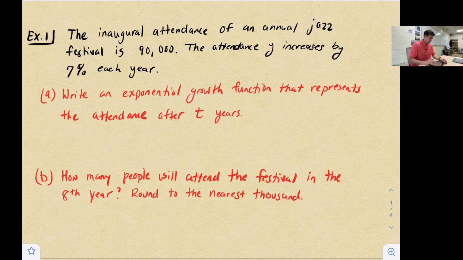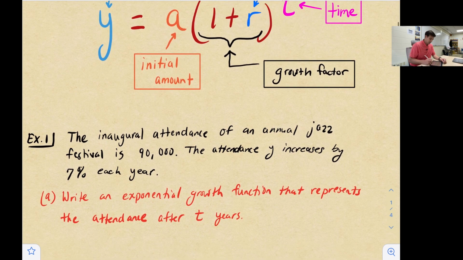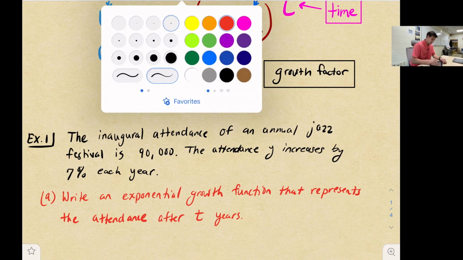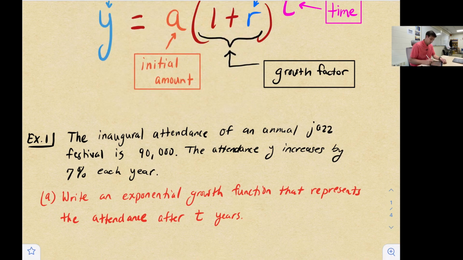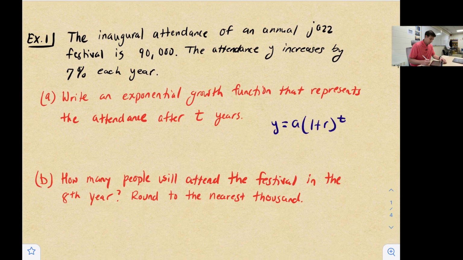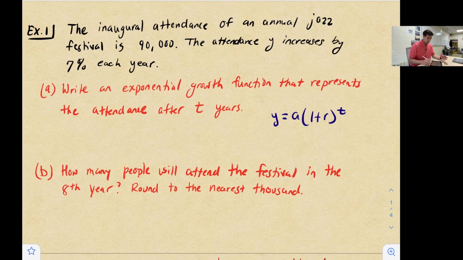Okay. All right. So we look back at our equation, and we can write that down. We have y equals... we'll change up our color here. Let's go like a navy blue. Y equals a times 1 plus r, and we're going to raise that to the t power. So y is basically what we're going to be solving for.